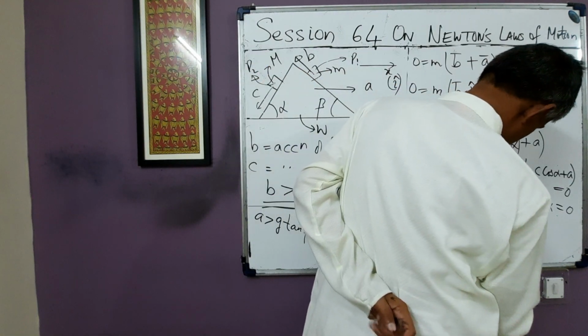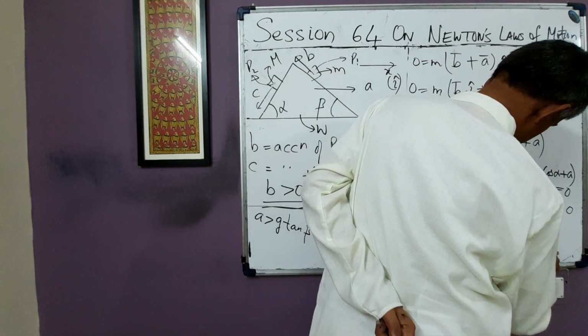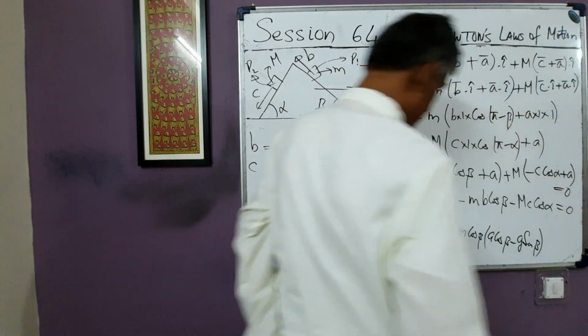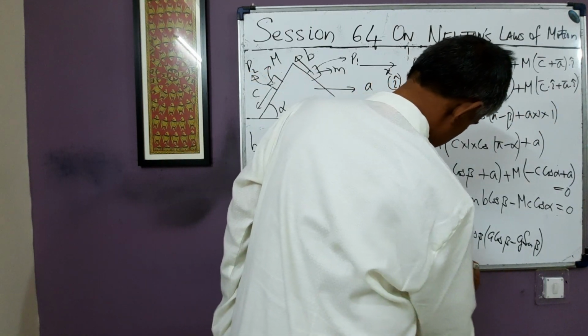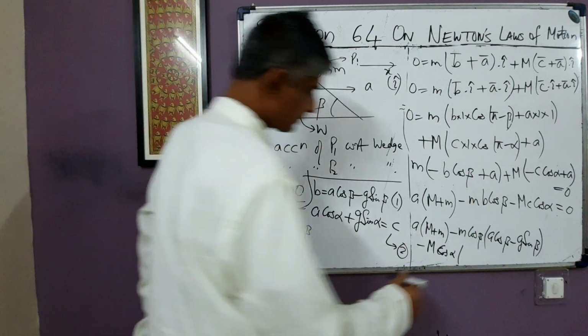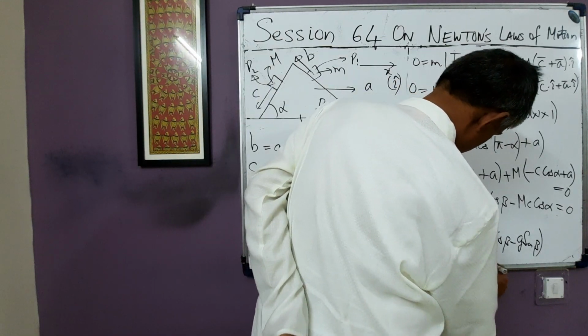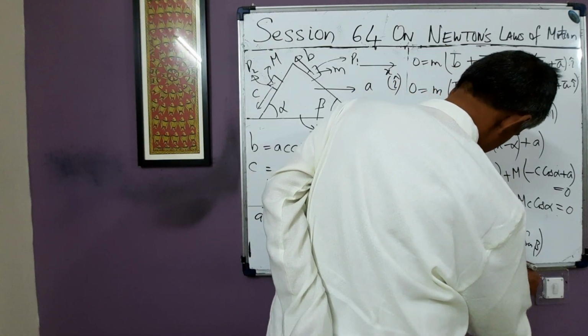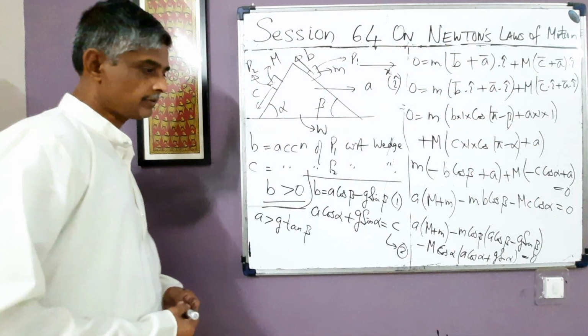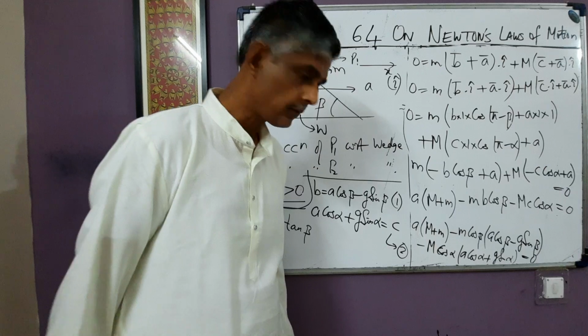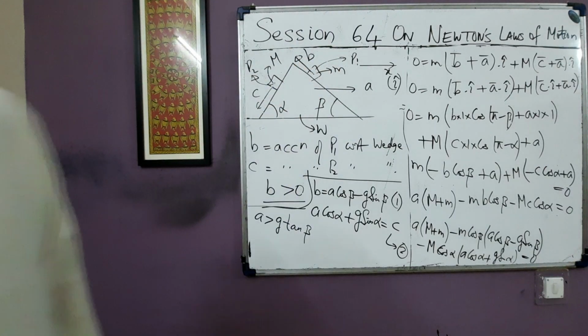So it becomes a cos beta minus g sin beta minus M c cos alpha into c. C becomes this, a cos alpha plus g sin alpha. That's all added up to 0. Alright, fine.